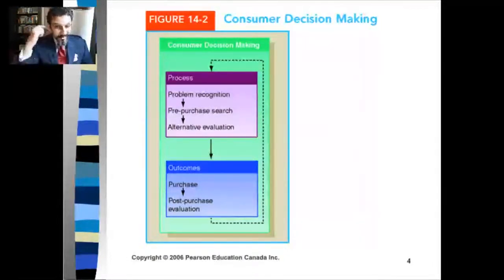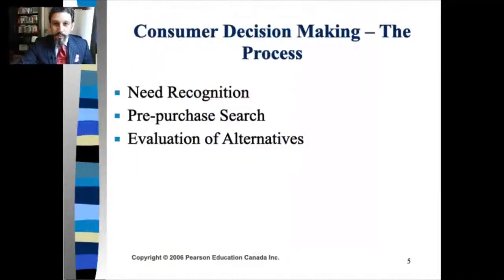But there's a problem you need to go and solve. Then we go through a pre-purchase search. We do an alternative evaluation, find out all the options that are available to us, and then we purchase it. We use the product or service, and then there's the post-purchase evaluation. So let's break this down and go into all of these steps in more detail.